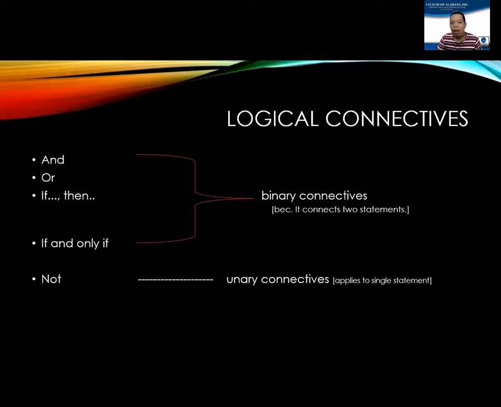So these are the logical connectives: and, or, if-then, if and only if. These particular logical connectives are called binary connectives. The other one is the unary connective, which is not.